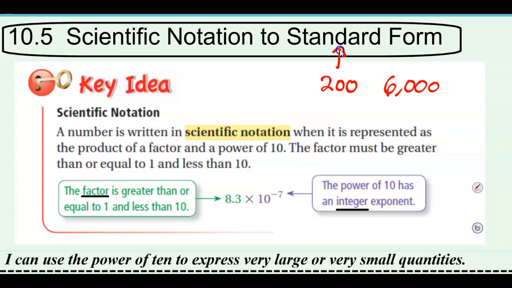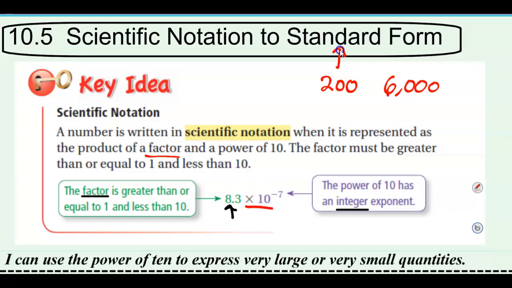So some of the key ideas for scientific notation: if a number's written in scientific notation, it needs to be a factor, which is a number, and a power of 10. I'm going to look at the example down here. This is the factor. It's the number, and then it's multiplied by 10 to some power.